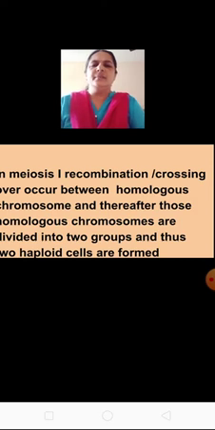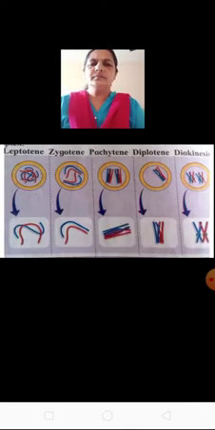In this meiosis, there is a recombination or crossing over. I'll show you what is meant by recombination. See here, in meiosis there are the same way stages: prophase 1, metaphase 1, anaphase 1 and telophase 1. 4 phases are there.